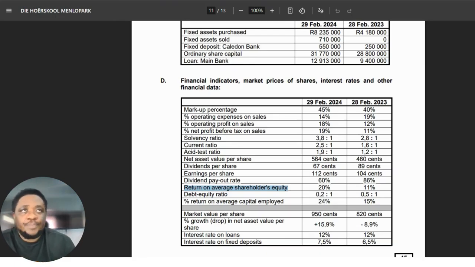So basically, what we understand is that it is very risky to invest in equity. So, as it is very risky to invest in equity, there should be a financial reward that is higher than if you had invested in a safer investment. In this case, the shareholders would be happy because they're making 20% and the interest in a fixed deposit is only 7.5%. So they're making about 12.5% extra than they would in a different investment, and also there's an increase. So let's go there then.